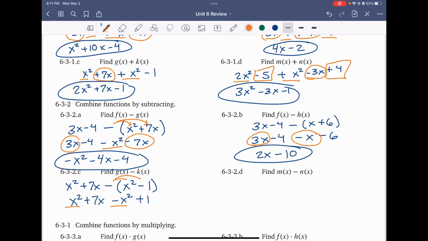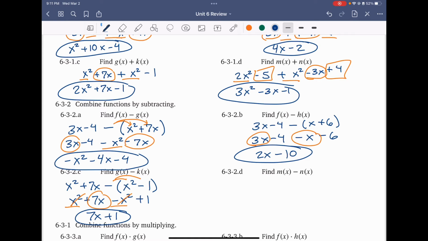So x squared subtract x squared ends up being 0. Sometimes we like to say those cancel out. They don't really, what they do is they add to become 0. So we don't have to write any x squares because we have none left. As far as x's, we still have 7x. And then we still have plus 1 for our constant.